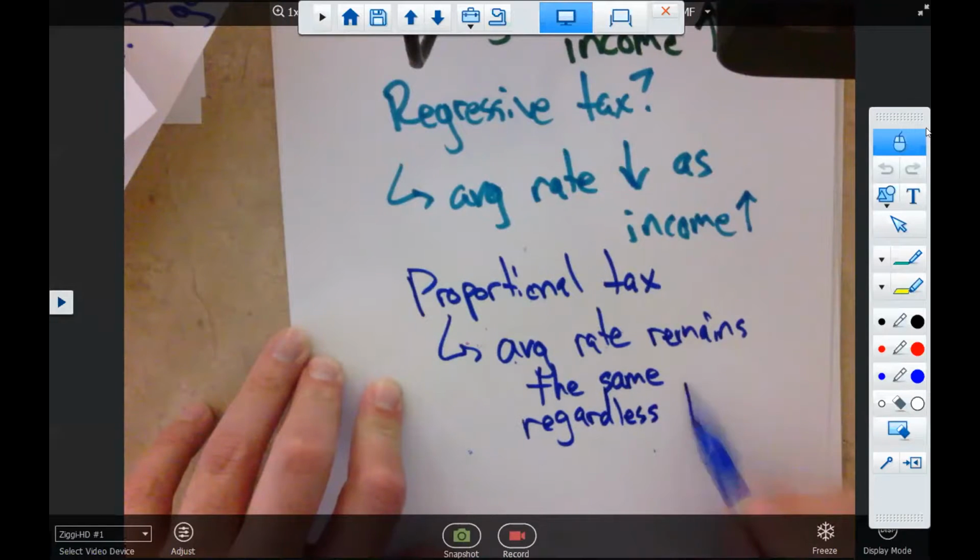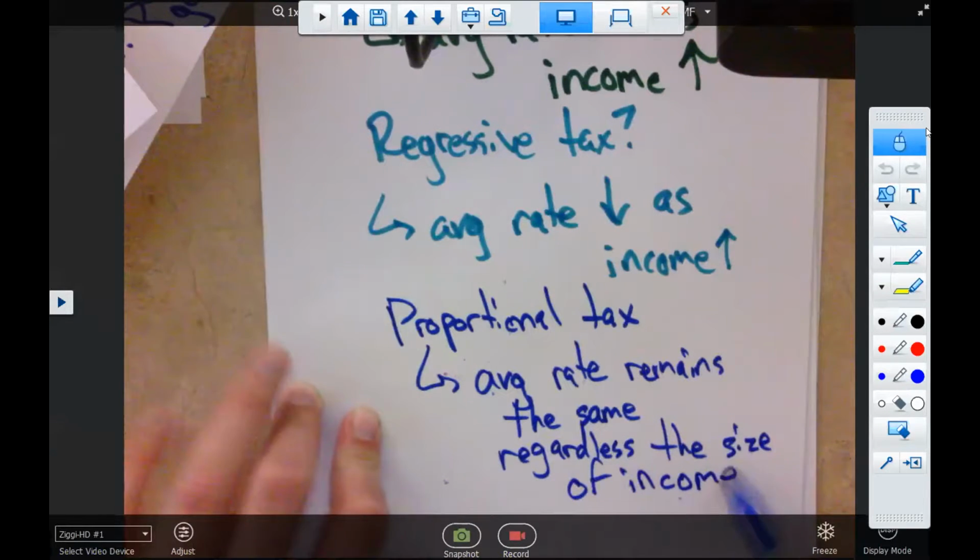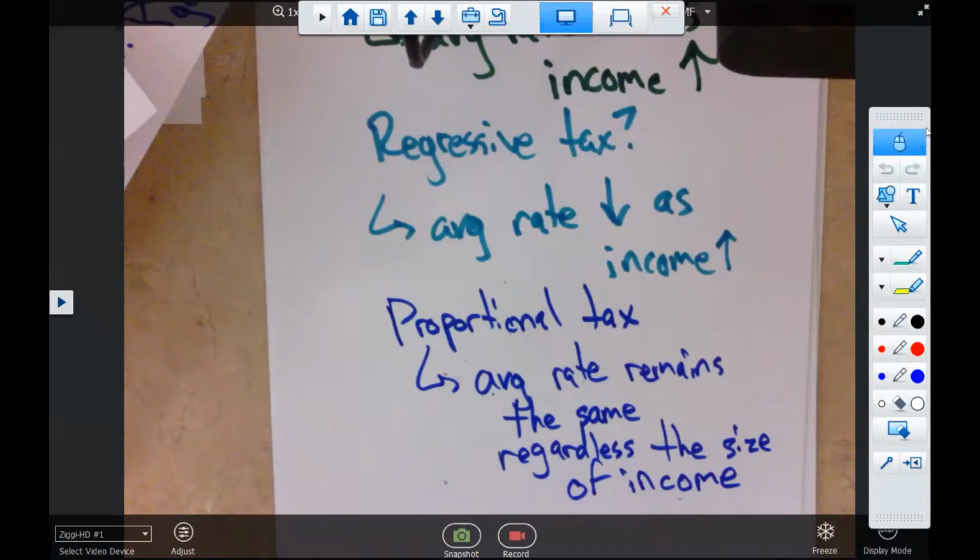Mr. McCarthy, can you give an example of a regressive tax? Sales tax. Even though it's 7% for everybody, whether you're rich or poor, people spend like 80, 90% of their income every month.